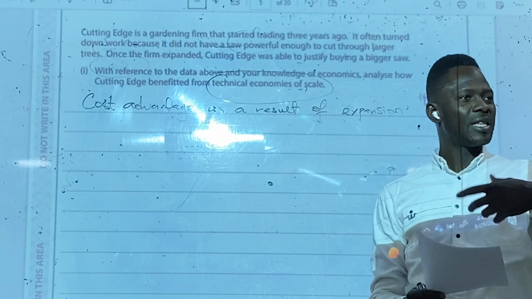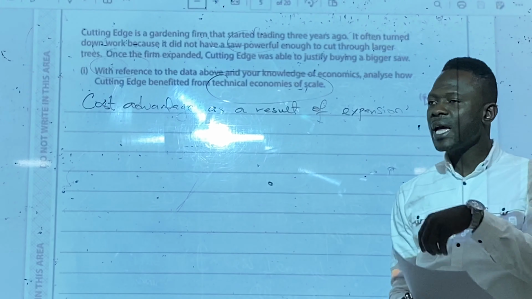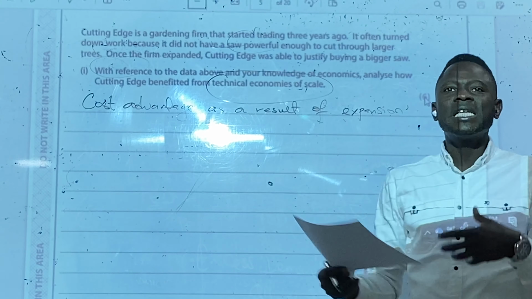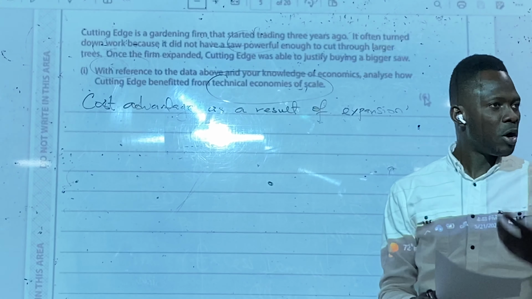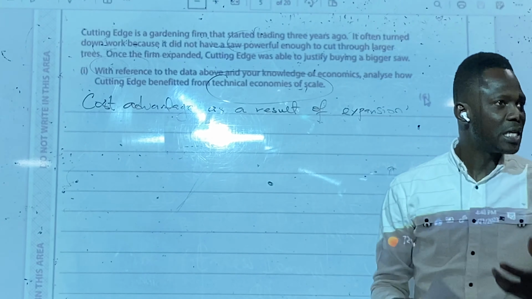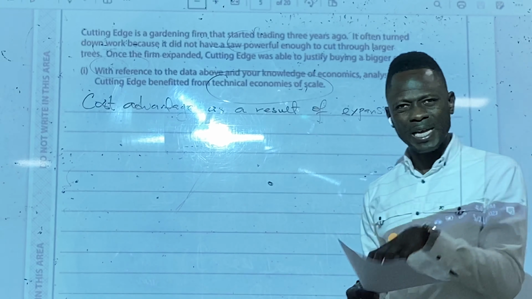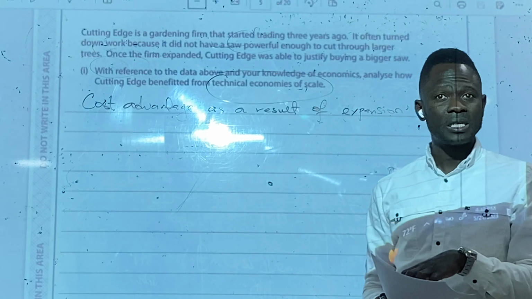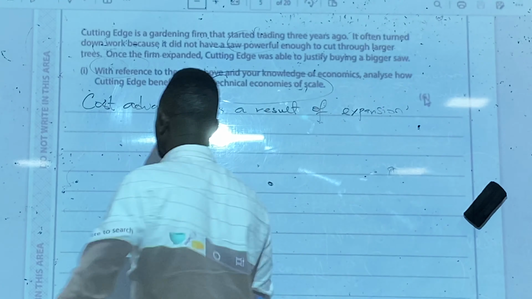So we go to what technical economies of scale is. Technical economies of scale is a situation whereby larger firms are able to use more equipment efficiently than smaller firms. Do you get what technical economies of scale is here? Should I write it, please? Yes, sir.